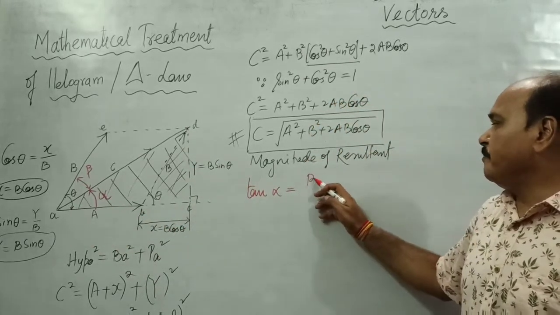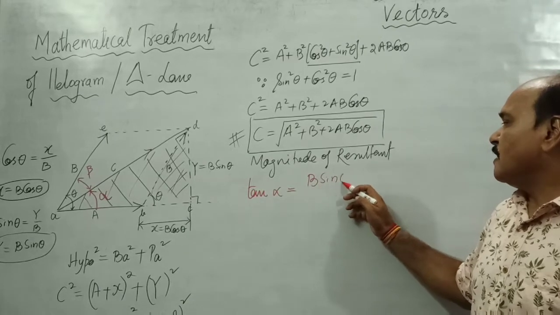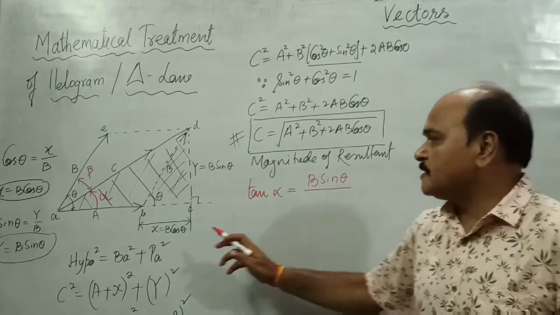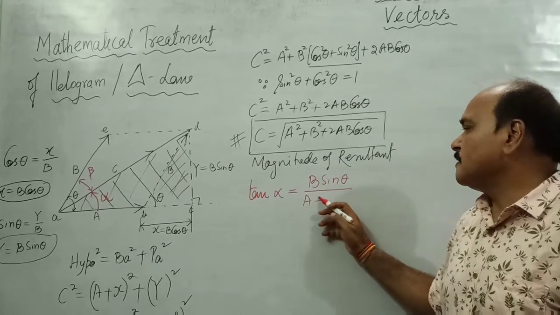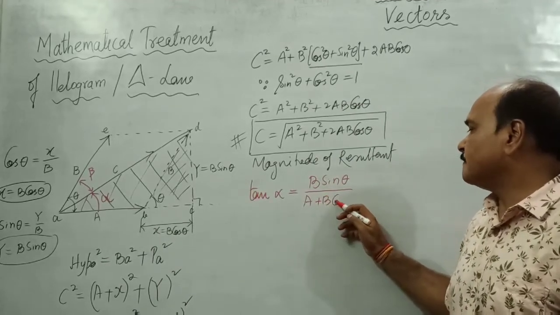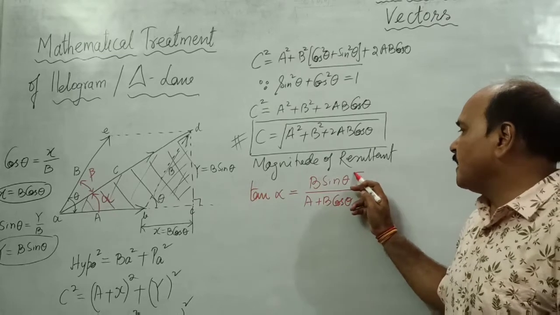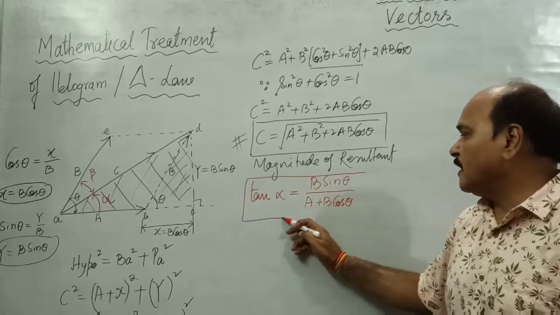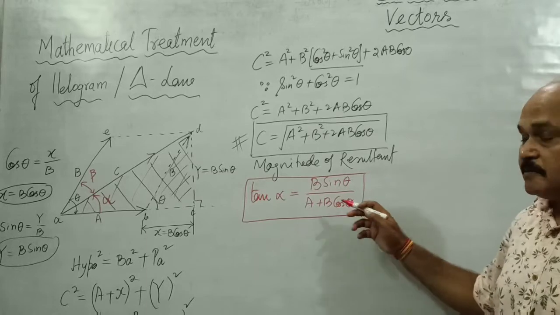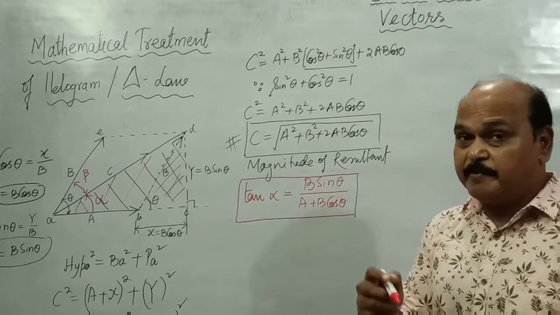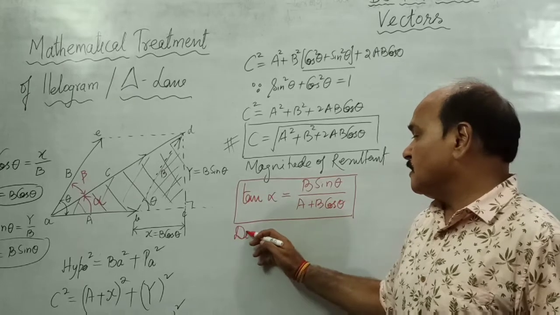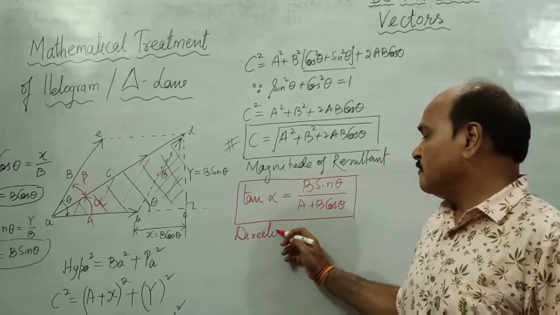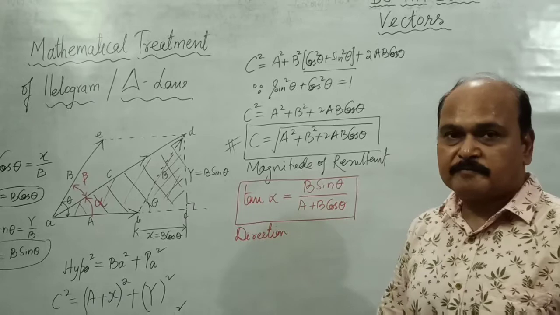Perpendicular is B sin theta, and base is A plus x, that is A plus B cos theta. This is the angle which the resultant C makes with A. So with this we express the direction of the sum of the two vectors.